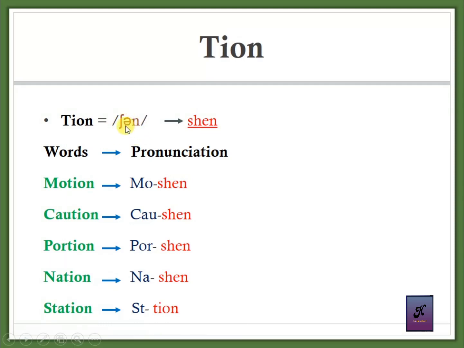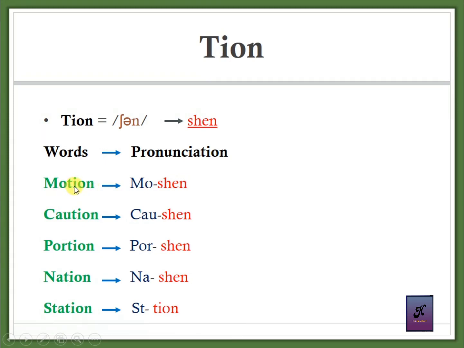This is as sounds, you will write it with a different pattern. So it will give you the shin sound. For example, motion. Why do I write sh here? Because T-I-O-N will give you the sh sound, so it will be shin.